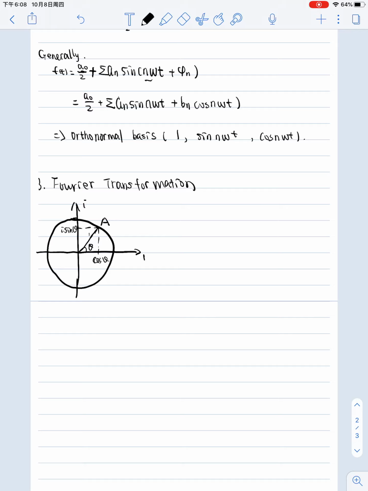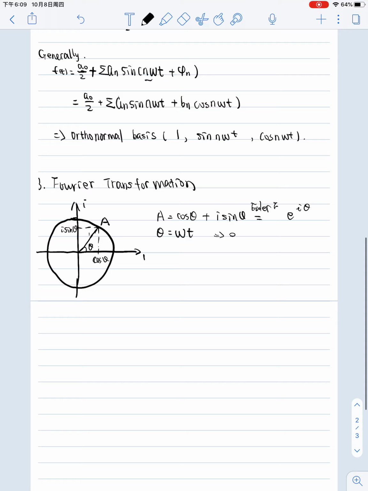So for any point, A could be expressed by cosine theta plus i sine theta by the Euler formulation. This could be transformed to e^(i theta), and the theta could also be mapped with time t, as omega t.